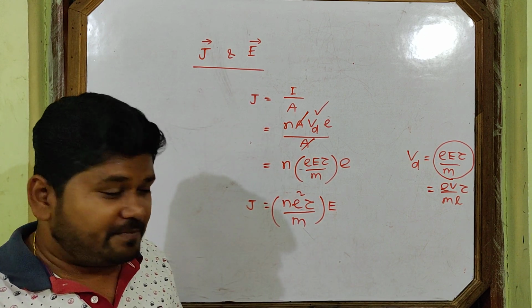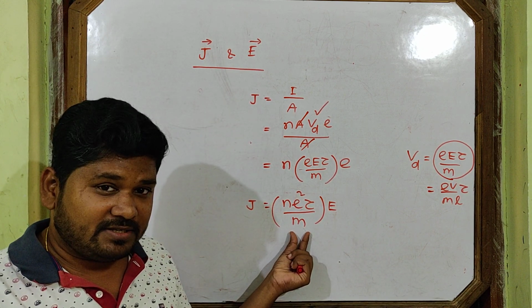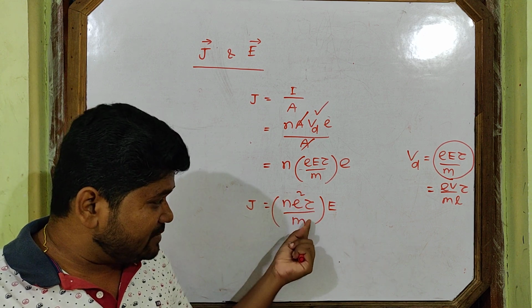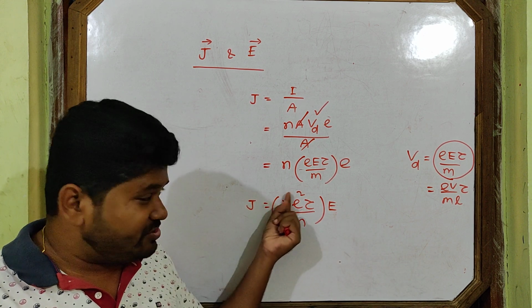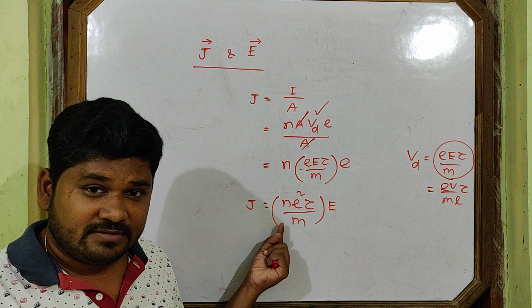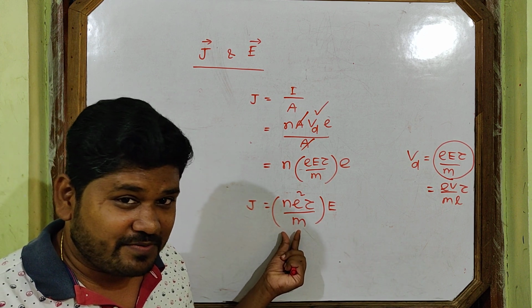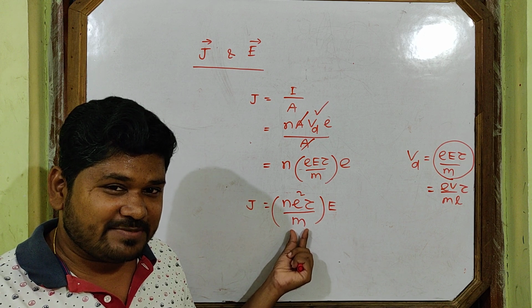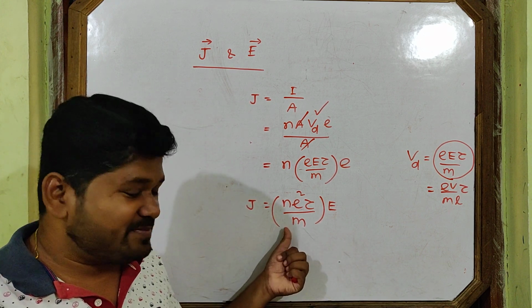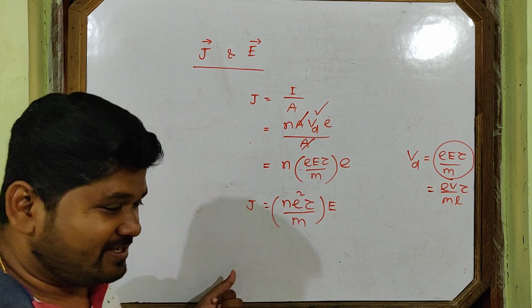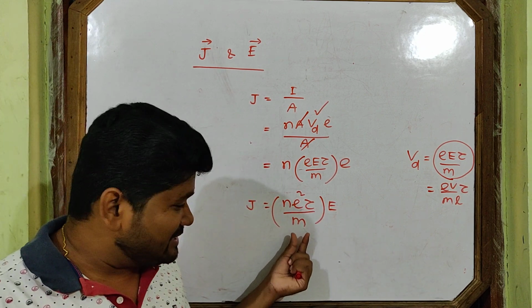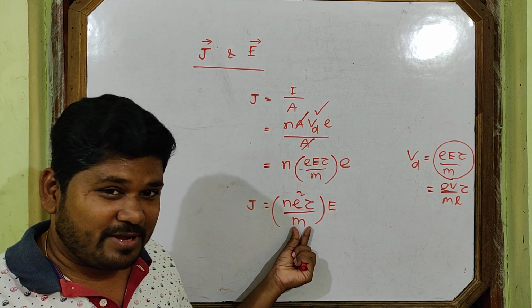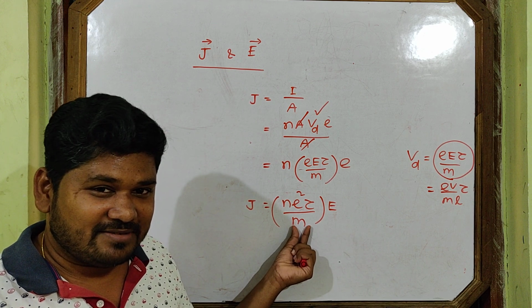Understood? But what is in the bracket, you mark. Have you seen this expression earlier? Just before 5 minutes I wrote this expression. You can go back in this video and see this one.